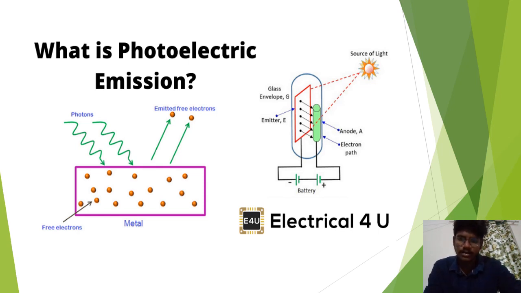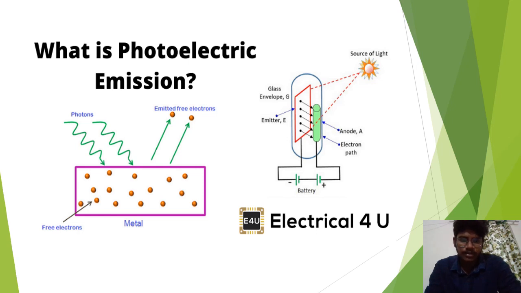Here the circuit takes place and continues to go on, and when light such as sunlight falls on the emitter, then the emitter emits an electron to the anode. Then the anode will carry the electron to the positive side of the battery.